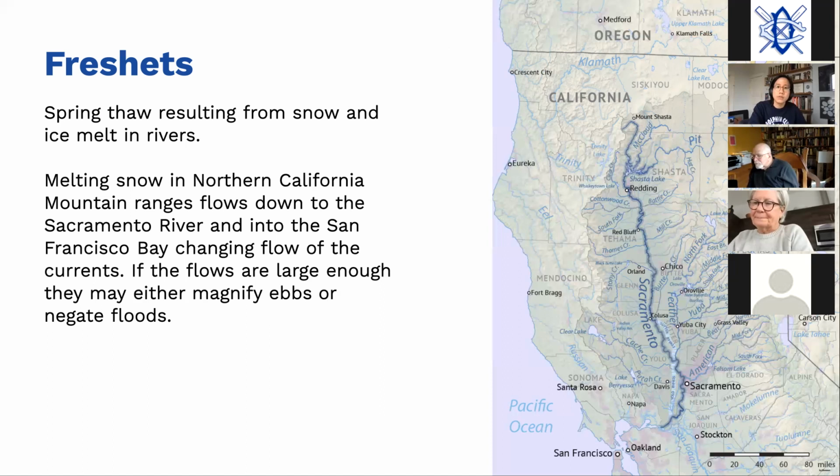So during years of really heavy snowfall and really heavy snow melt, that can sometimes completely change the currents in the Bay, either creating monster ebbs or negating floods entirely. That's something that generally happens, I think, late spring through early summer. So that's another thing just to be aware of.